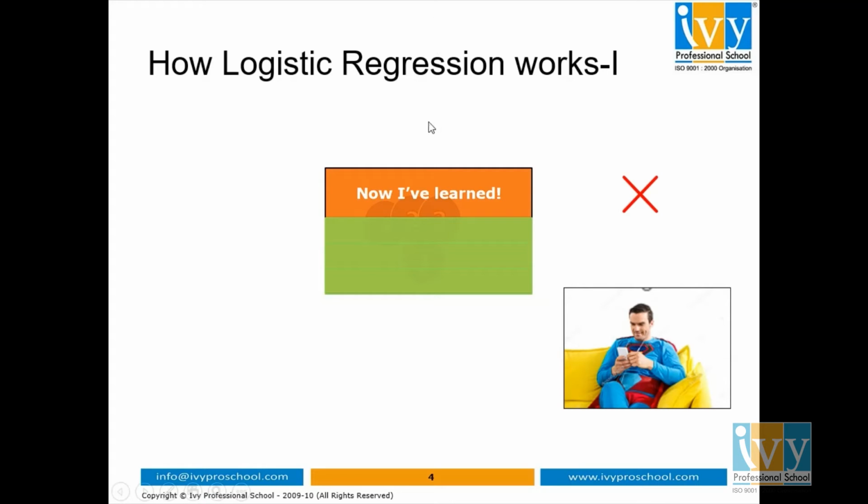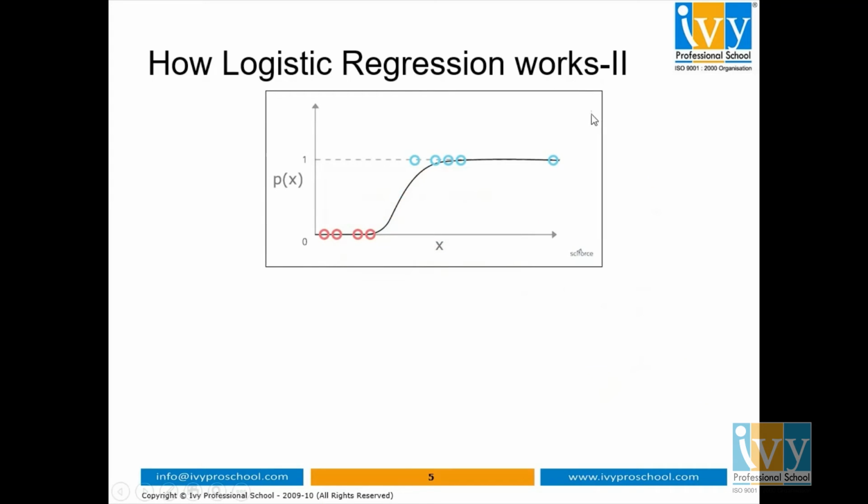So let us see how logistic regression works in the background. We have this curve right here, this black curve, which looks like a children's park slide. The x-axis is the independent variable and p of x on the y-axis means the probability of occurrence of x.